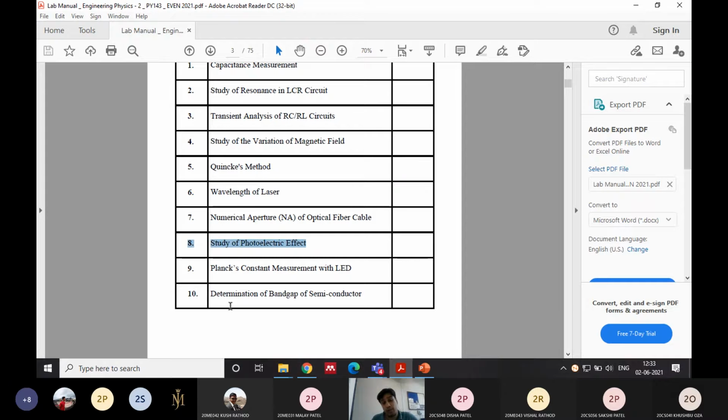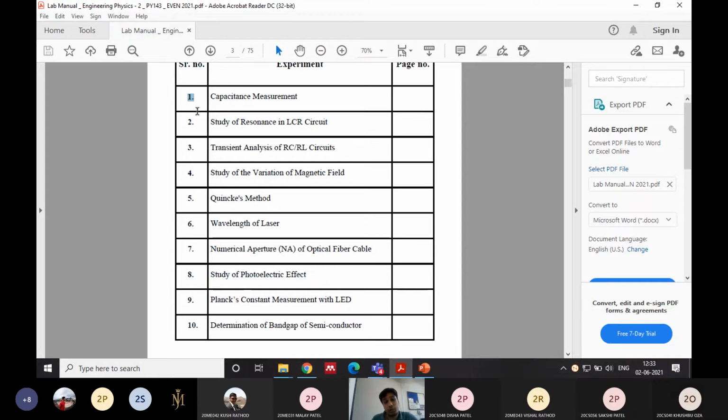It's like practicals 1, 2, 3, three practicals based on electronics. Then practicals 4, 5 are based on magnetism. Practicals 6 and 7 are optics, or modern optics. And practicals 8, 9, 10 are for modern physics.